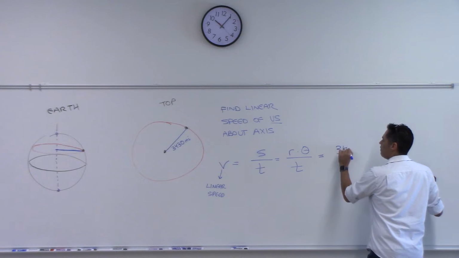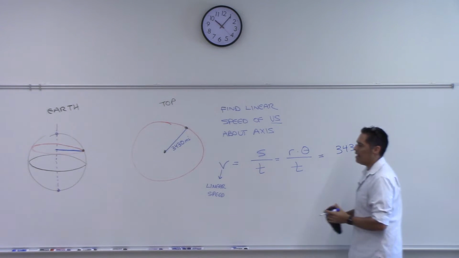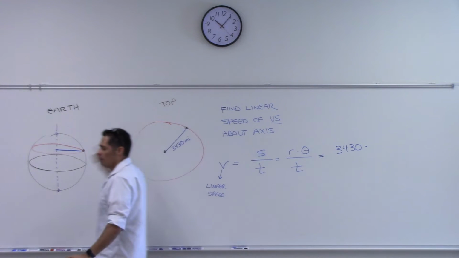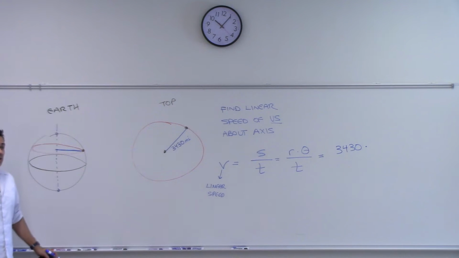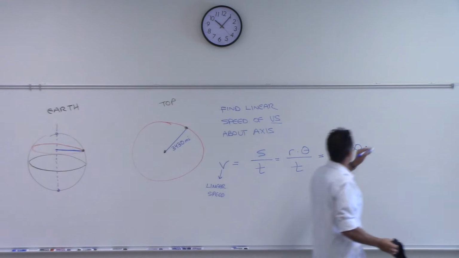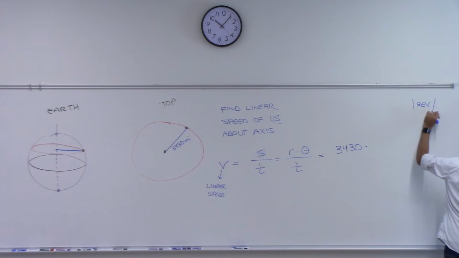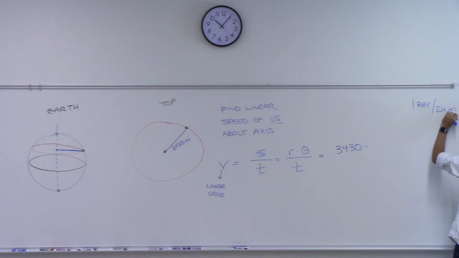So 3,430 miles, right? Times, do we know the angle? Well, we do a full rotation in 24 hours, right? So I'm going to write that down here. We do 1 revolution per 24 hours. We could say 1 revolution a day, couldn't we?